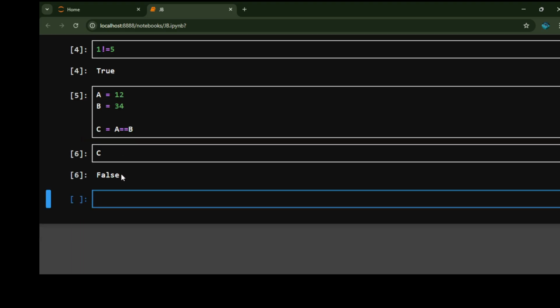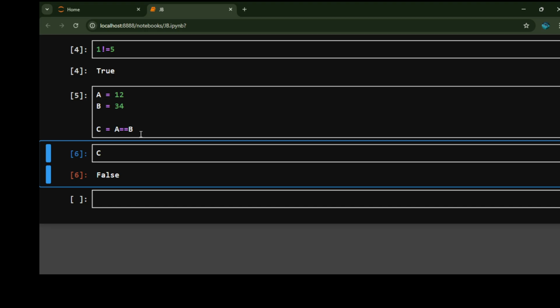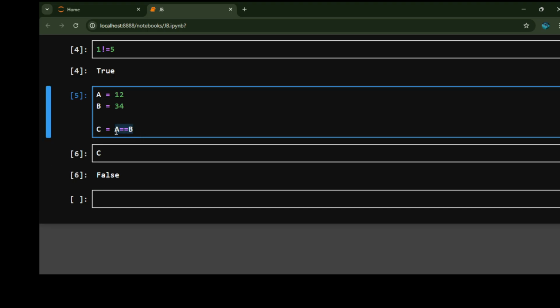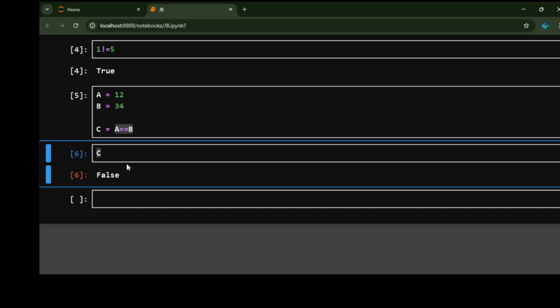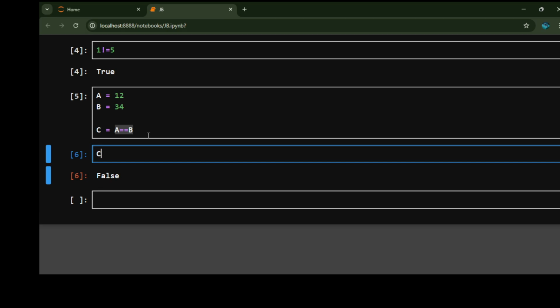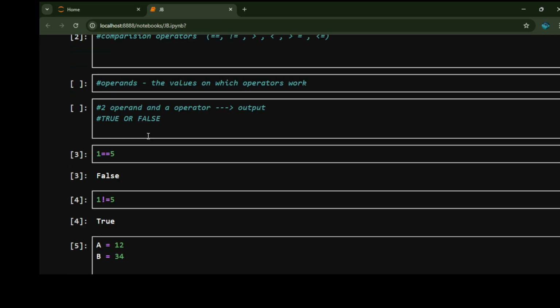Here the output of c is false because a is not equal to b. So the value of variable c is false. This was the concept of equal to and not equal to comparison operators.